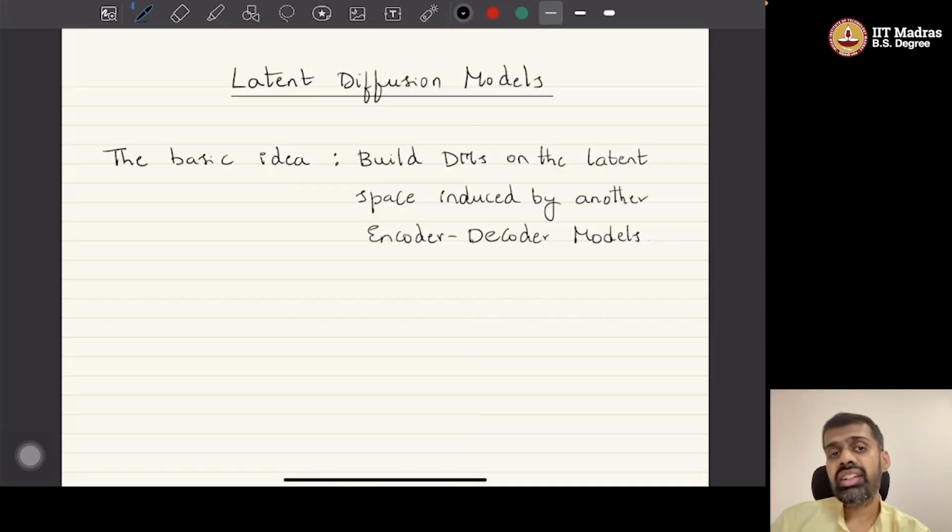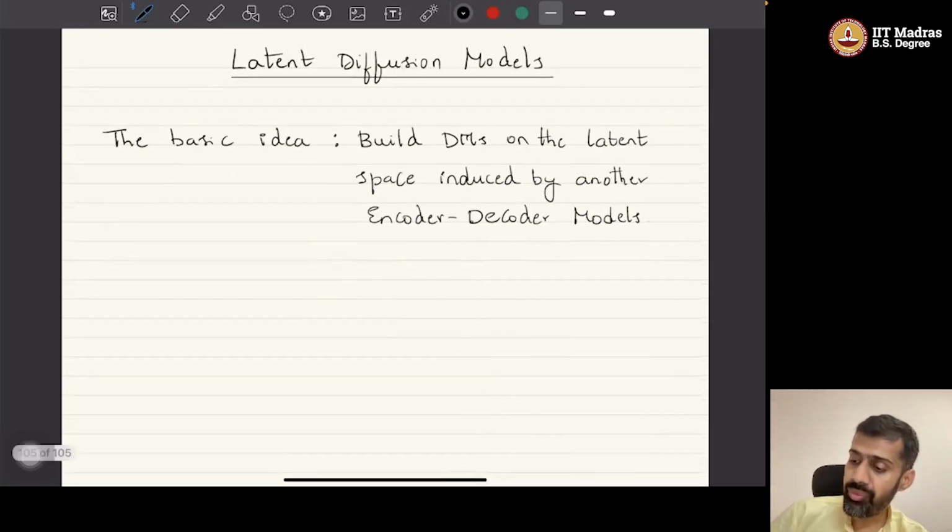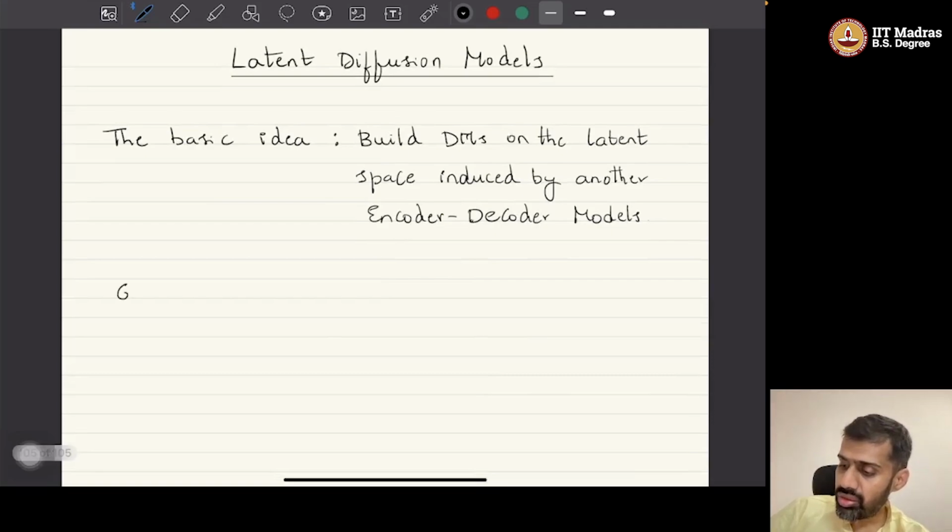So instead of that, the idea in latent diffusion models is to operate on the latent space of some other encoder-decoder model that is pre-trained. Given data, which we have been indicating with x0, let's say this is in some R^D.